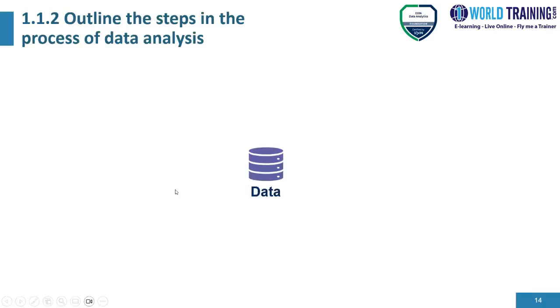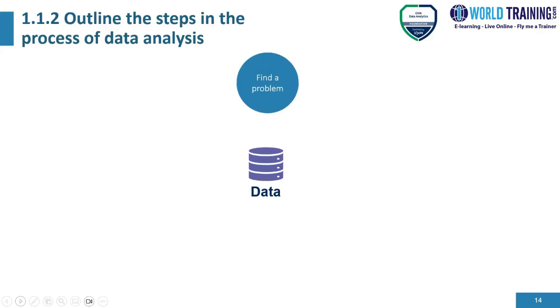Now we will talk about outlining the overall steps in the process of data analysis. If you look at the overall steps, data is basically at the center of all projects. Data plays a key role in any kind of issues which we try to solve. The key steps and phases of a data analytics project start with first finding a business problem.